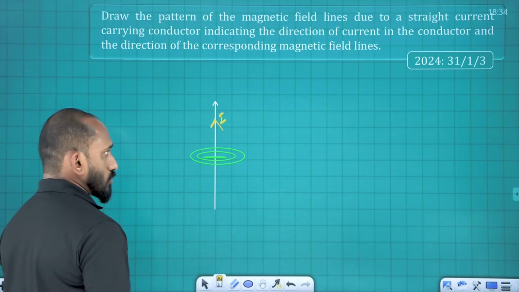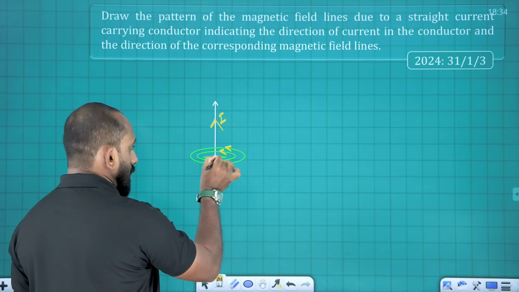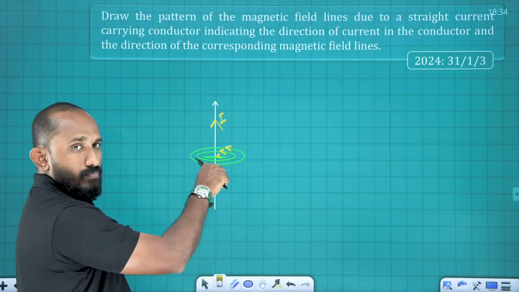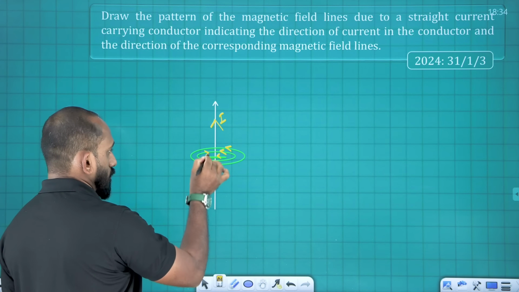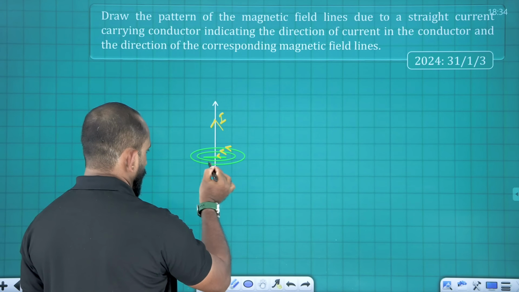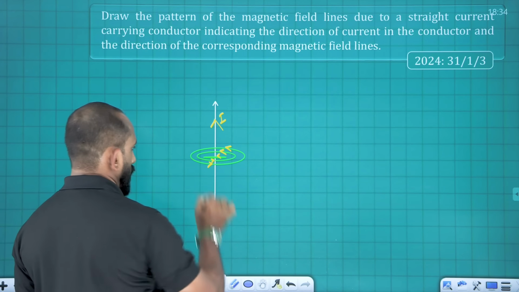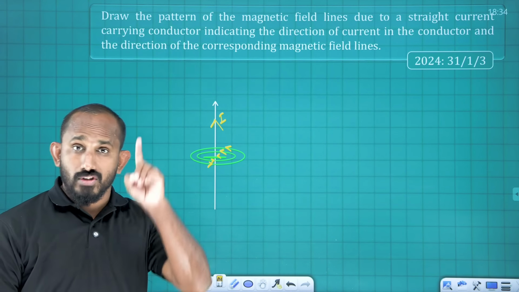Like this, you draw concentric circles. As the current is moving upward, the field has the direction this way. Hope you got it. So, that's the direction of the magnetic field due to a straight conductor.